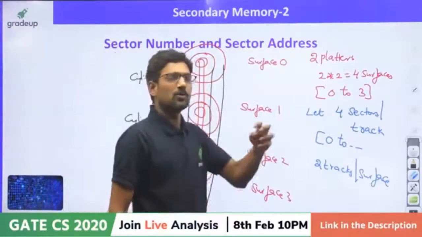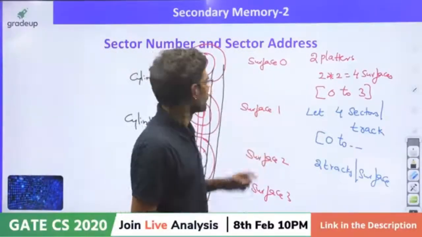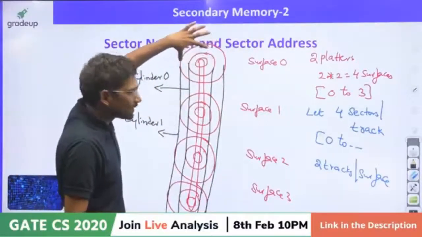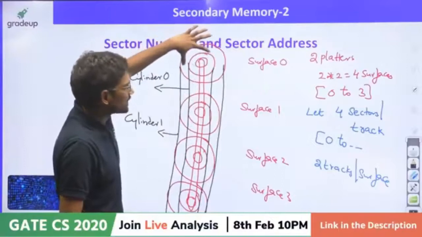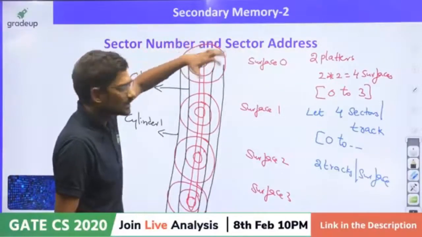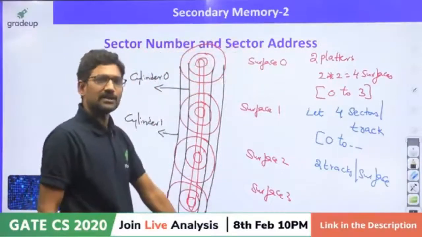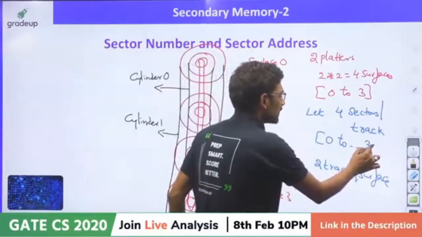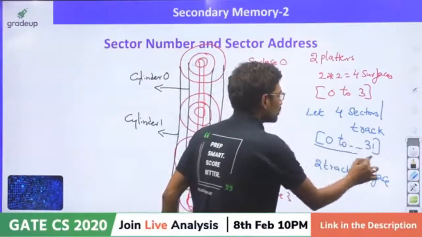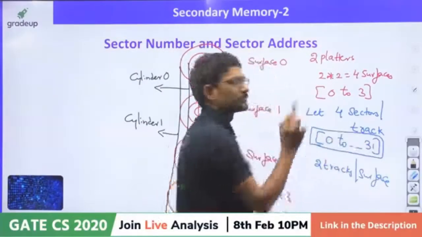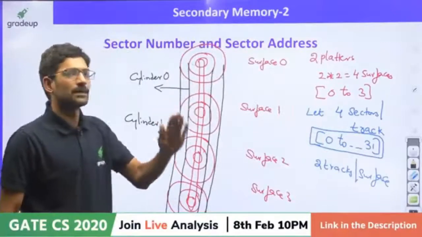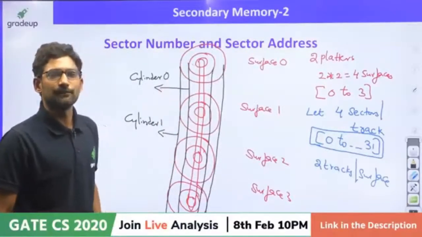So how many sectors will there be? One track has 4 sectors, another track 4 sectors, so 8 sectors on one surface. As there are 4 surfaces, 8 into 4, 32 sectors. So they will be numbered from 0 to 31.